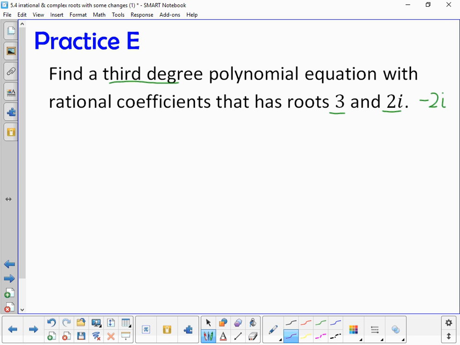Now, for each of these roots, I can write a factor. The root 3 goes with the factor x minus 3. The root 2i goes with the factor x minus 2i. And a negative 2i root goes with the factor x plus 2i. So here's my function in intercept form.